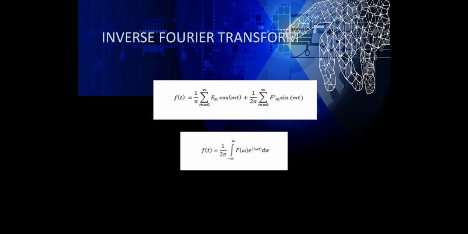Remembering the fact that we introduced a factor of i or imaginary, we'll have the equation f of t is equal to 1 over 2 pi times the integral from negative infinity to positive infinity of F of omega e raised to i omega t d omega. So now we have an equation to transform the frequency domain back.